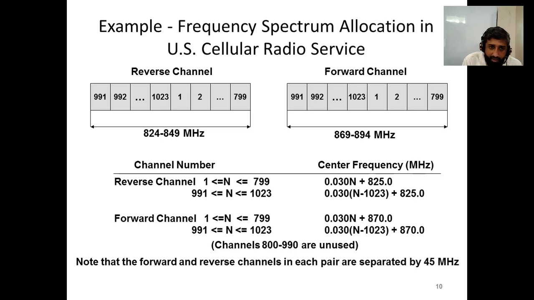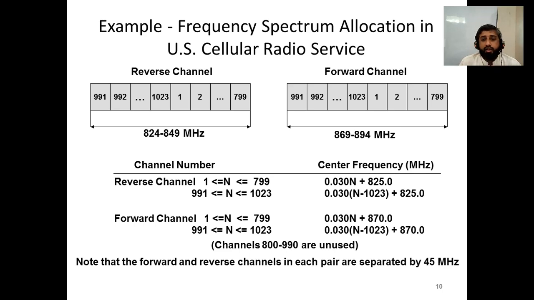So the 991 reverse channel and 991 forward channel are actually combined together to establish a duplex communication between two terminals. So each pair of communication channels comprises one reverse and one forward channel.